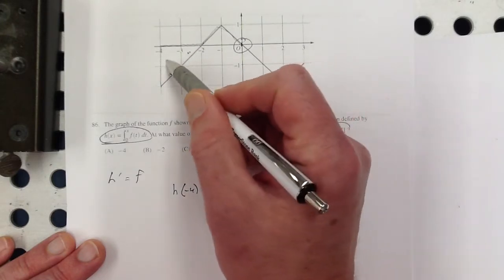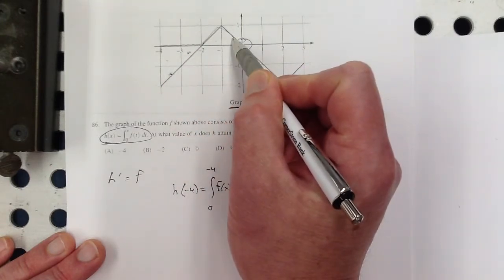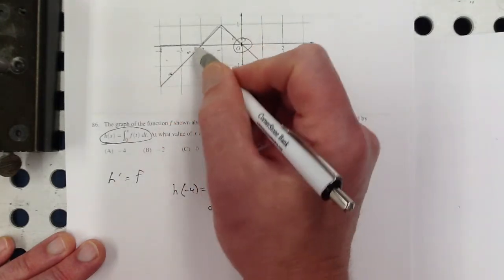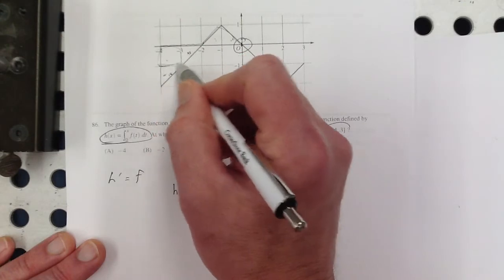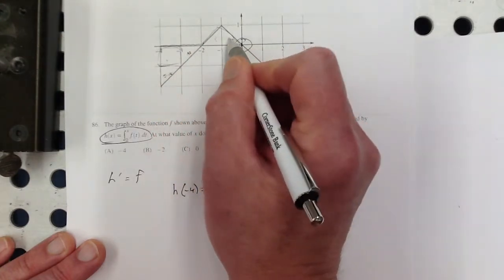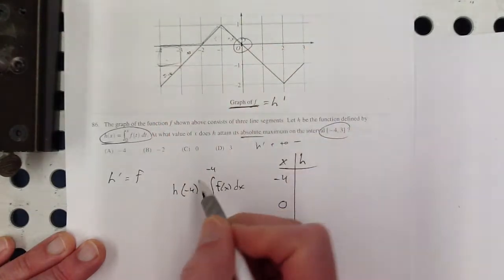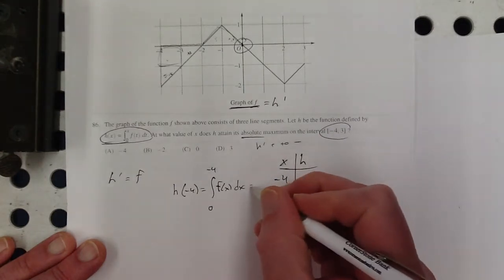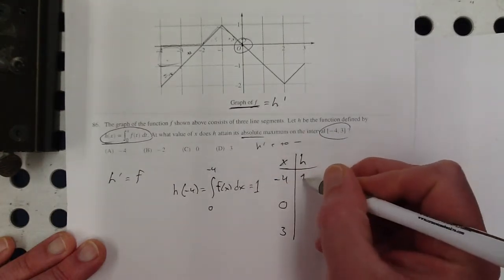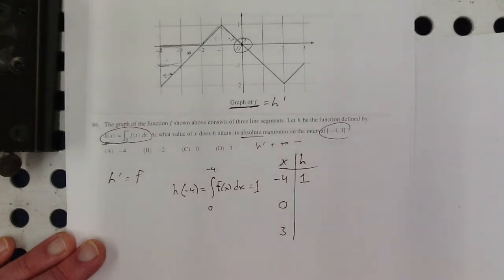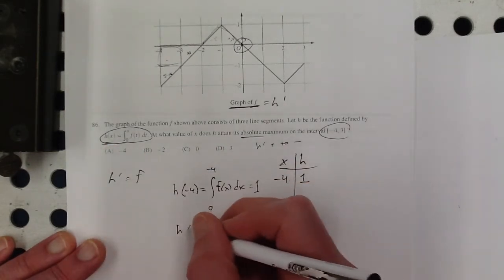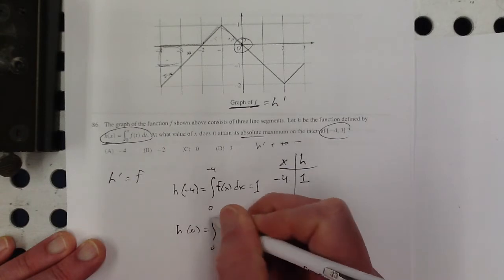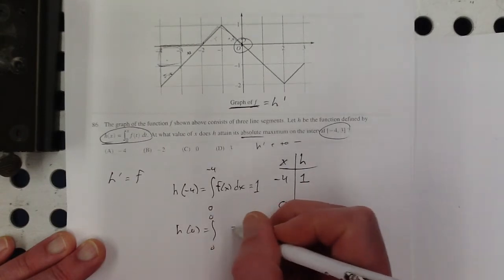So there's 1, 2, 3. But sorry, those would cancel out with those. So the area would be negative 1, right? These would cancel out with those. So that area is negative 1, but this integral goes backwards. So it's positive 1 there. And then h of 0 is the area from 0 to 0. Don't need to do any more work there. That's 0.